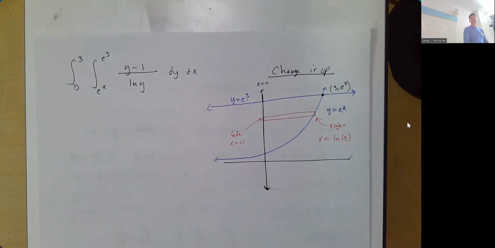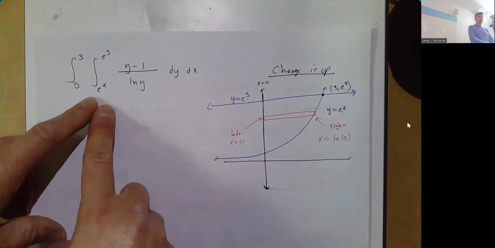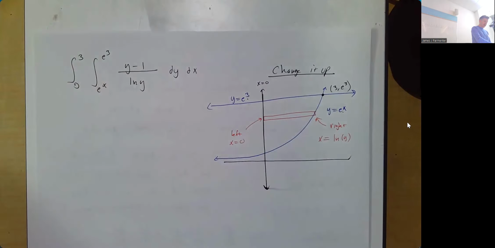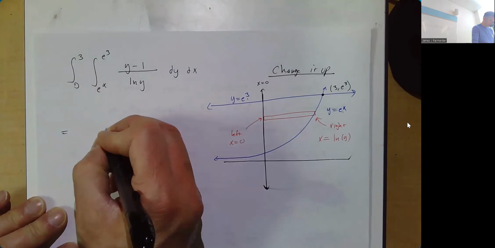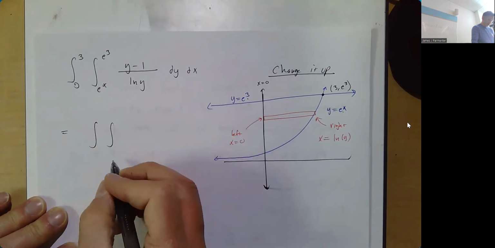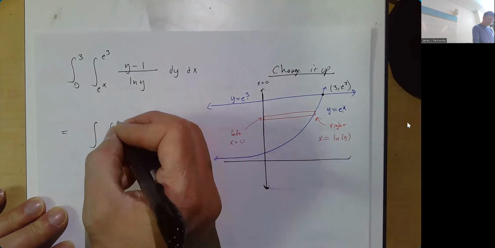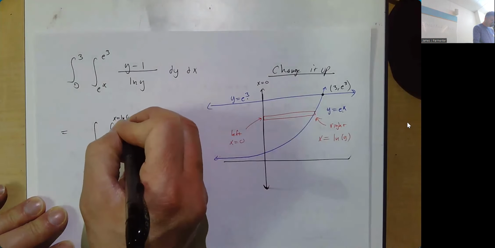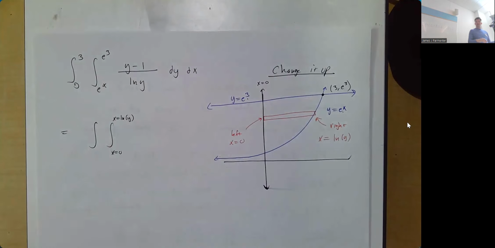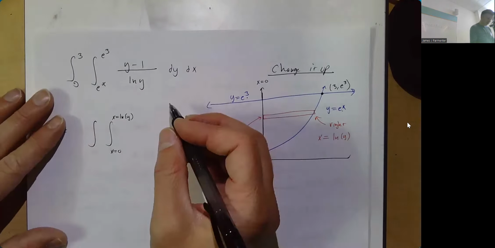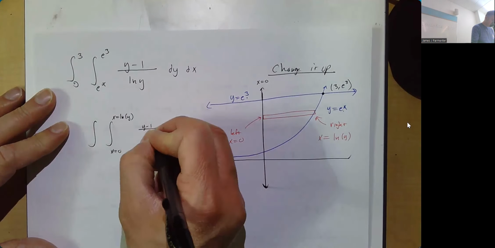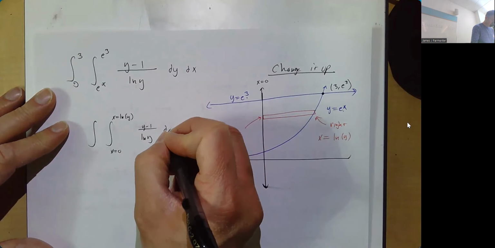Natural log of y. So, right, before our limits were y equals low to y equals high, now our inner limits of integration are going to be x equals low value to x equals high value. Right, x is bigger to the right, smaller to the left. Y is bigger to the top, smaller to the bottom. And then same function, but now it's a dx.